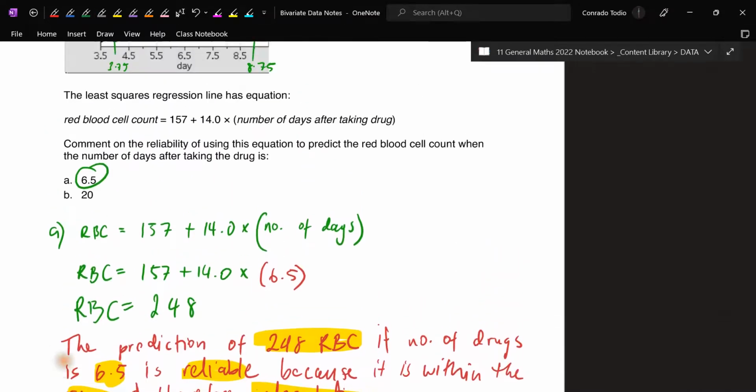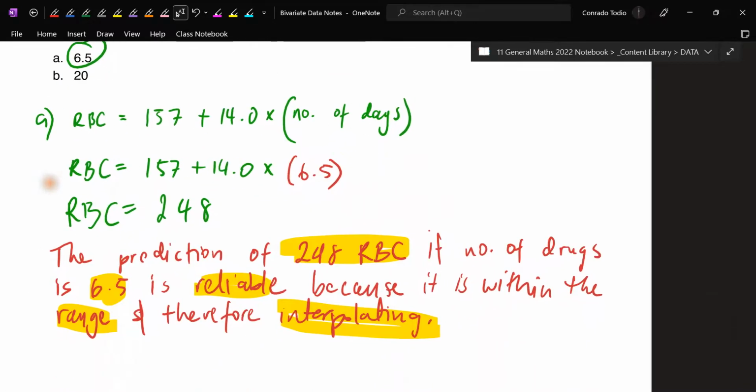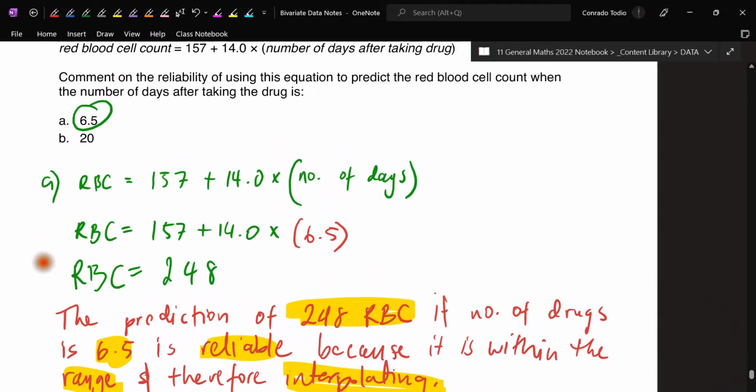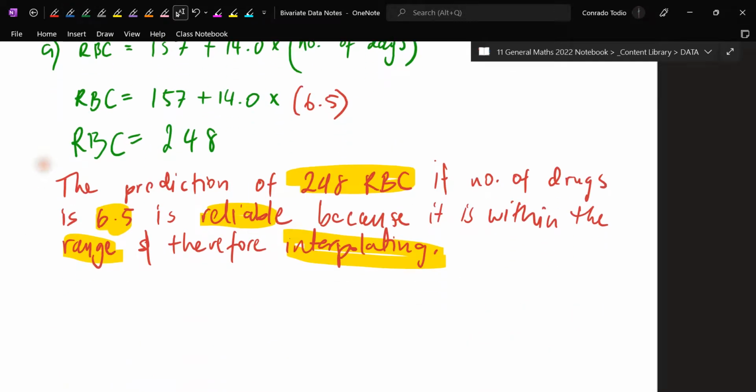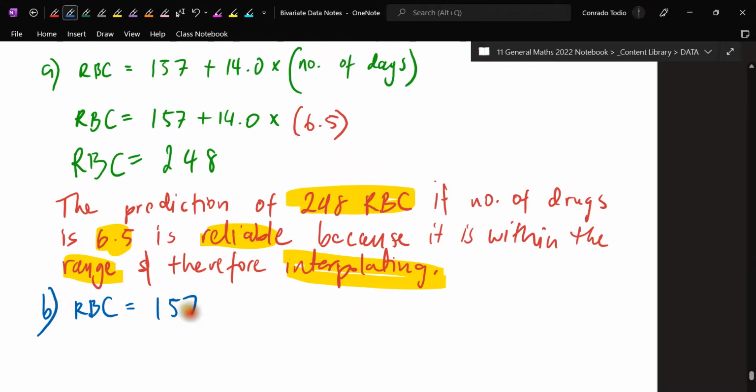Okay, the second prediction. So for B, you're making a prediction if the number of days was 20. So let's do B. Again, the formula was RBC is equal to 157 plus 14.0 times number of drugs.